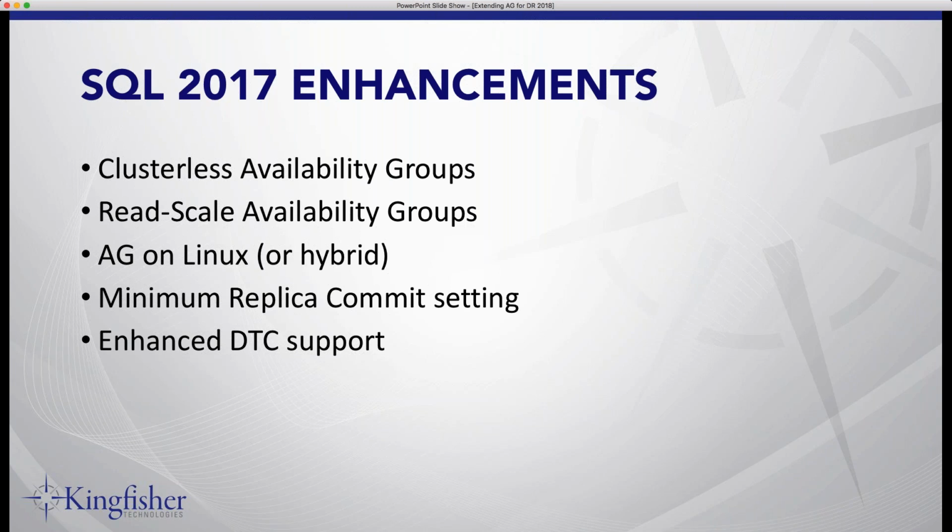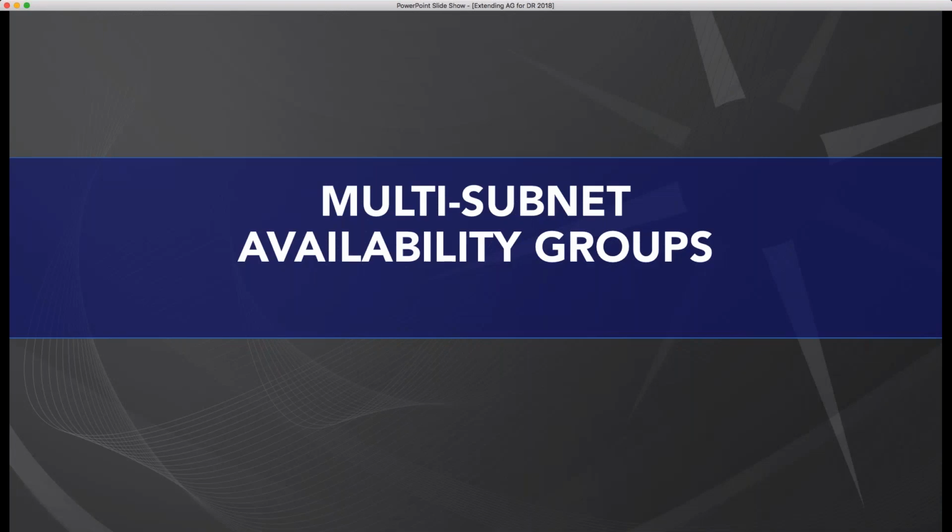You can have availability groups that are designed simply for read scale, that don't have the cluster underlying them for high availability or disaster recovery. And you can also have the improved DTC, like I talked about as well. Okay, so that's the basics on availability groups themselves.